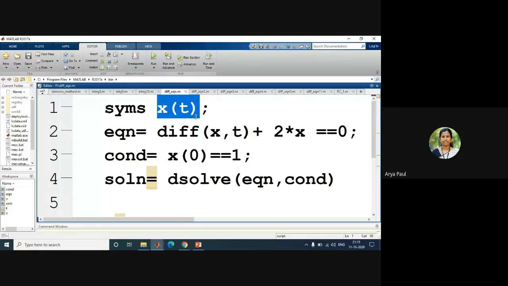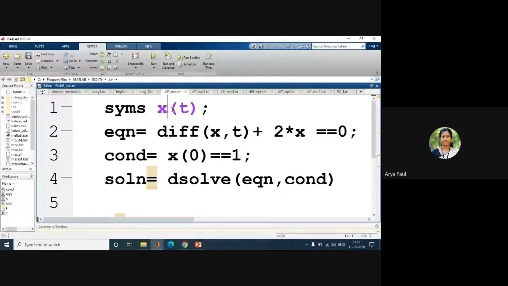So for every decimal value, MATLAB will approximate and display it to you. 0.133 is actually 0.1333333 and so on, a decimal number, but you are getting only 0.13 or 0.14. It's actually an approximation. But when you declare a variable using a symbolic variable, using syms, you will get the exact value. You will get the exact rational representation.